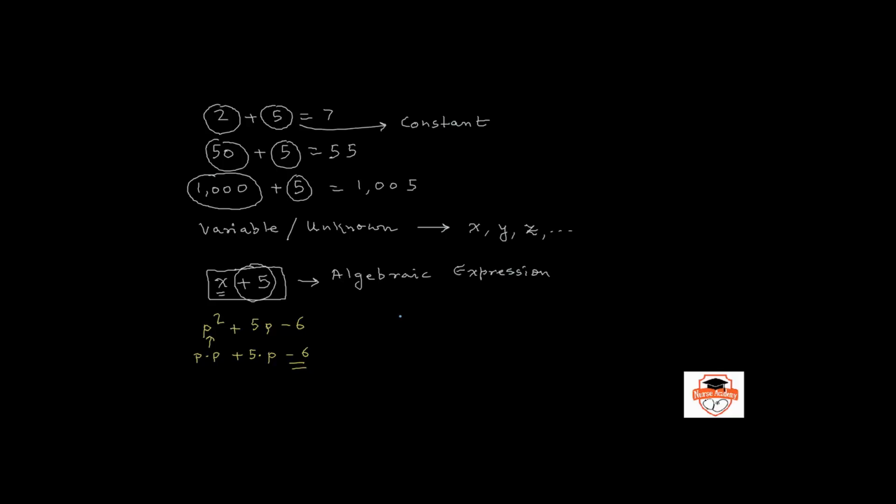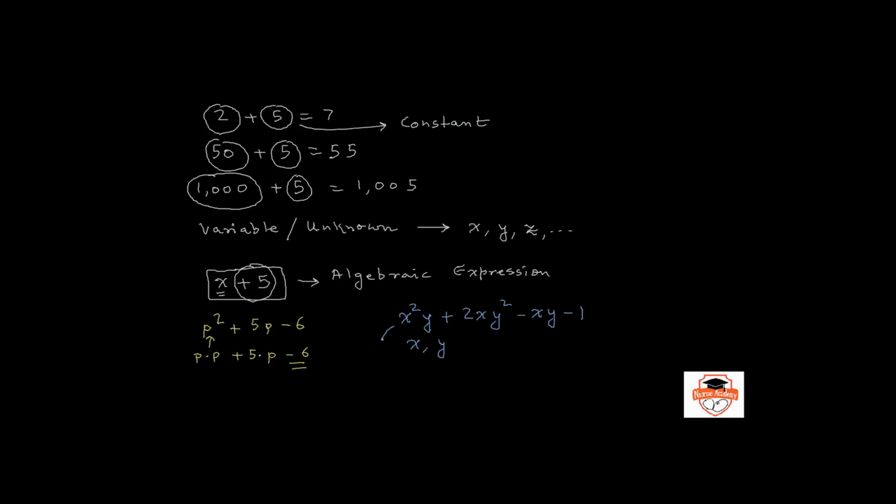Similarly, x square y plus 2xy square minus xy minus 1 is another algebraic expression in which the variables are x and y both. There are two variables in this expression, as you can see. And x square y means what?